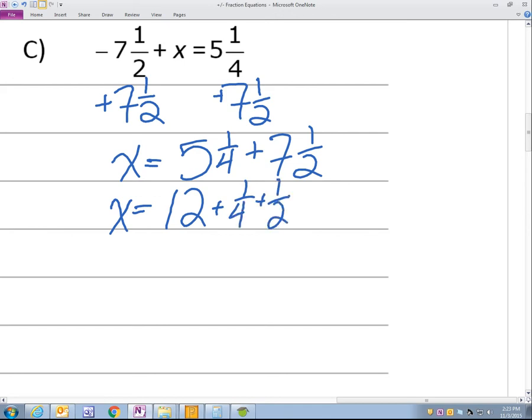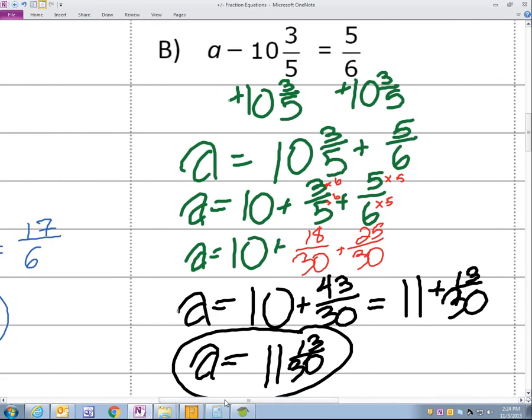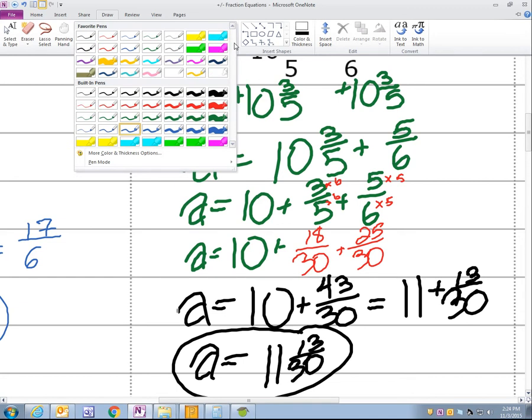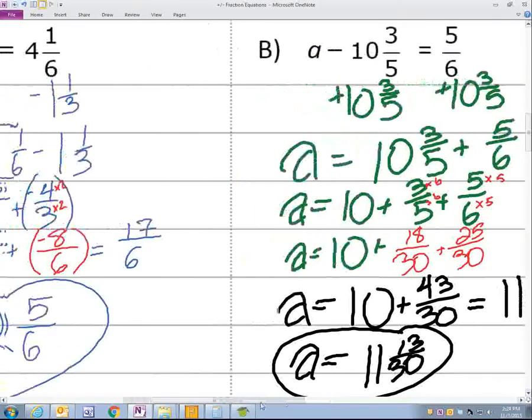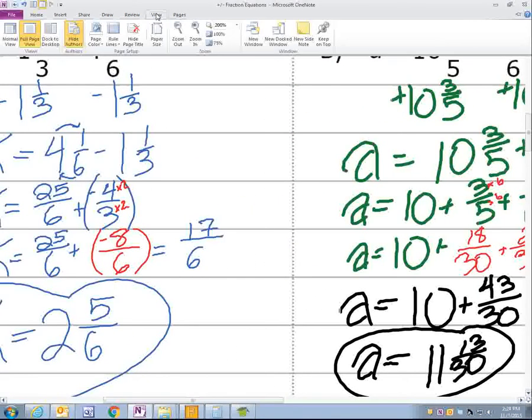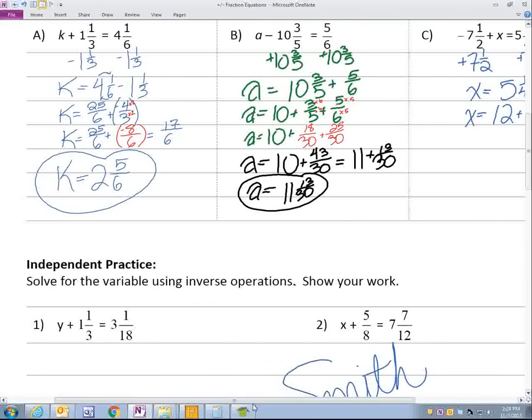So on like A, B, and C, do you just do the opposite of what the first number is, and that's your subtracted by? Because I'm so confused about that. Did you notice that this right here is plus 1/3?